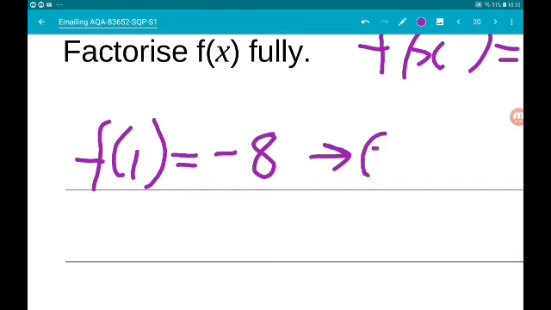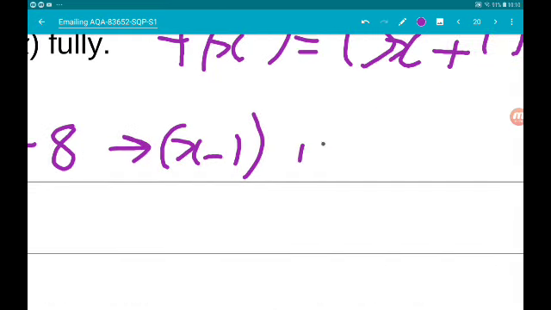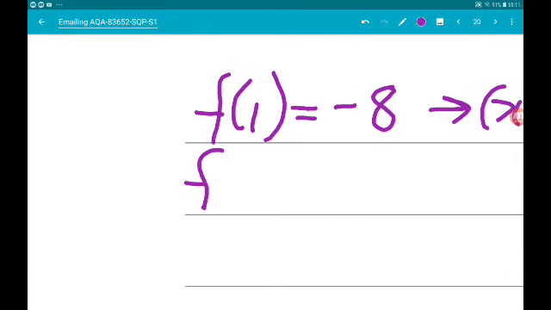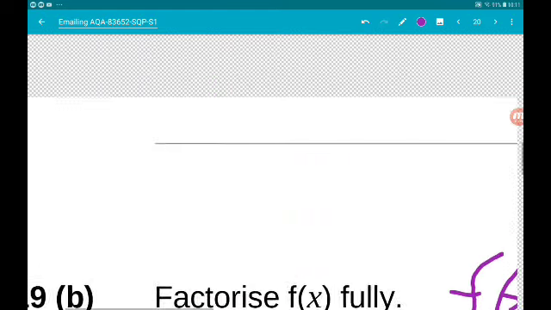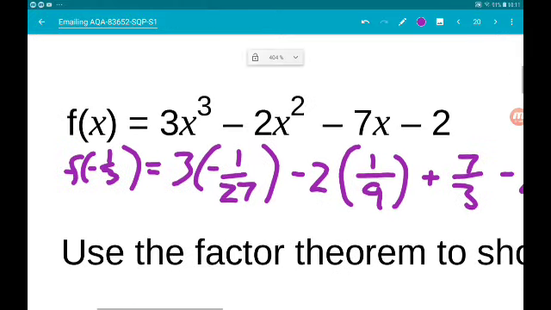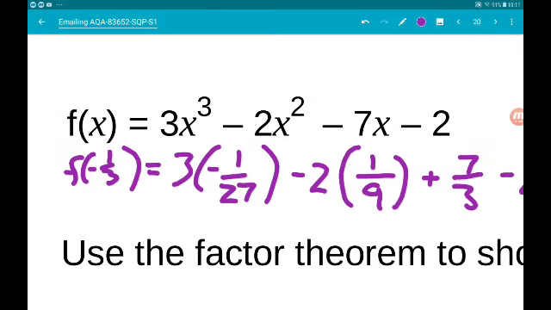So, x minus 1 isn't a factor. Let's try f of minus 1. So, minus 1 cubed is minus 1, so 3 times minus 1 is minus 3. Minus 1 squared is 1.